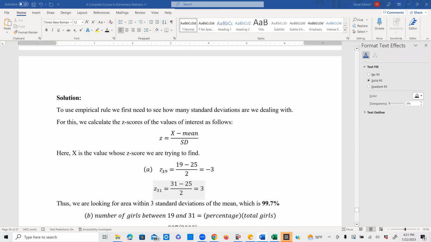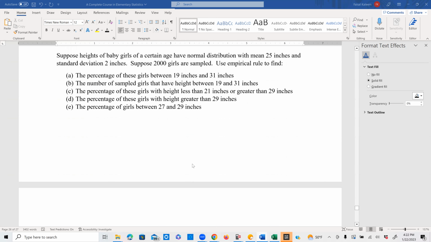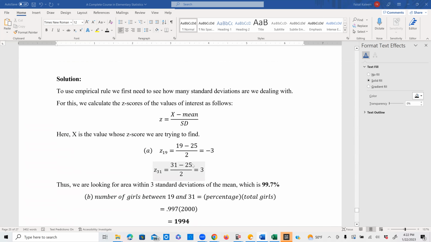So we will find z of 19, which would be 19 minus the mean. Mean was 25, standard deviation was 2. And that gives us negative 3. And the other one was 31. So z of 31 will be 31 minus 25 over 2. And that gives us 3.